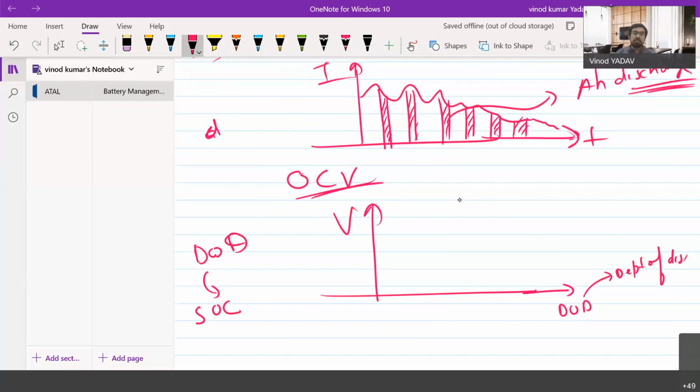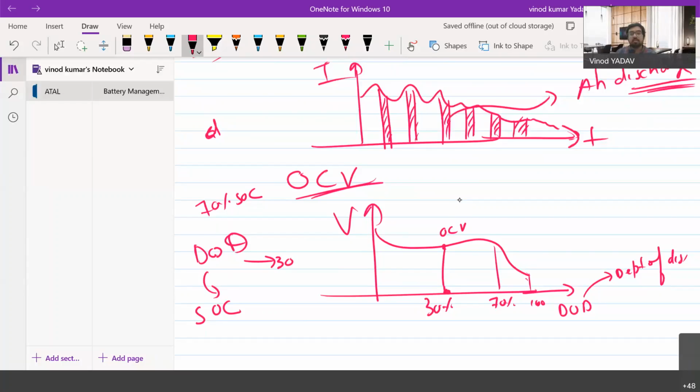Like in the example we have taken, the battery has 70% SOC, so that means DOD will be 30%. So let's just say we have 30% DOD here, 70% DOD here, and here we have 100% DOD. So the BMS will track the open circuit voltage available for this 30% DOD.